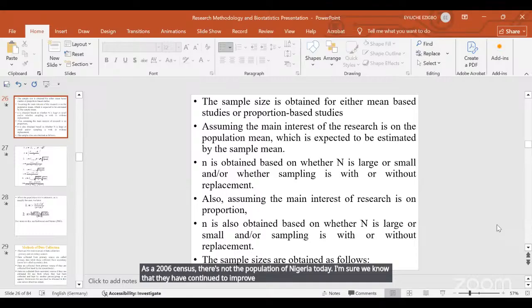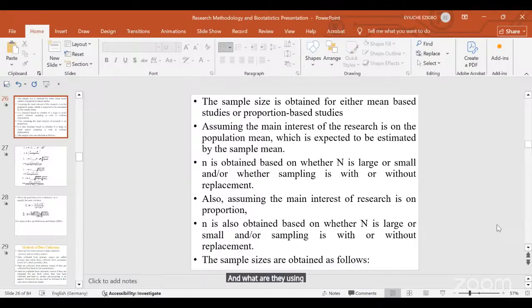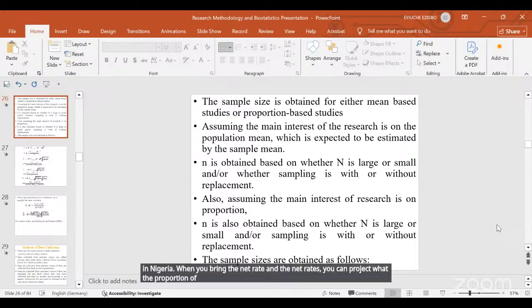And what are they using? Maybe in that 2006, they looked at the birth rates in Nigeria. They looked at the death rates in Nigeria. When you bring the death rate and the birth rate, you can project the population of a nation, even for the future.